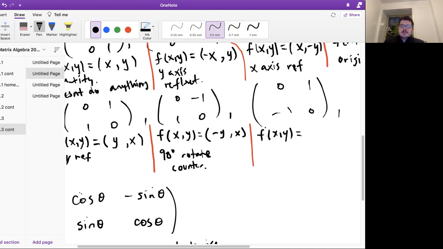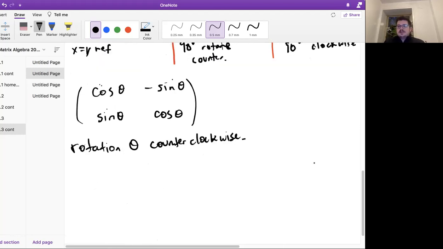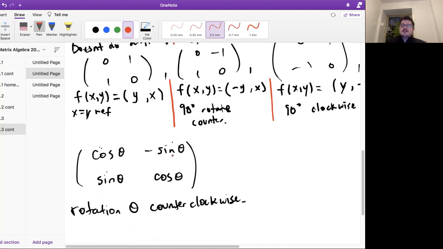So it's y, negative x. So this is 90-degree clockwise. Okay, by the way, if you're curious about rotating for any degrees, it's this formula here. And notice if you want to go clockwise, you use the negative of the angle.